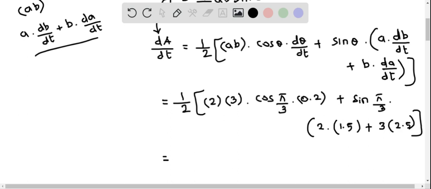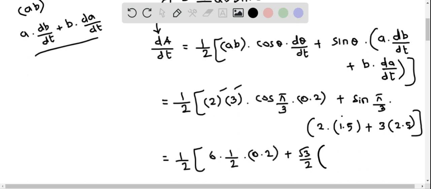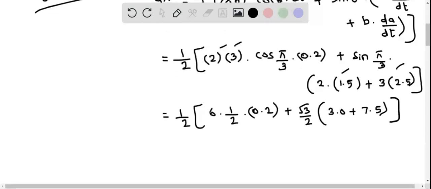And so this equals half. This is 2 times 3 is 6. Cosine pi by 3 is 1 by 2 times 0.2, plus sine pi by 3 is root 3 over 2, and this is multiplied with 2 times 1.5 is 3, plus 3 times 2.5 is 7.5. Let's simplify this.